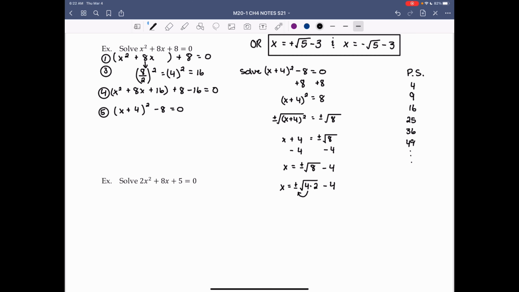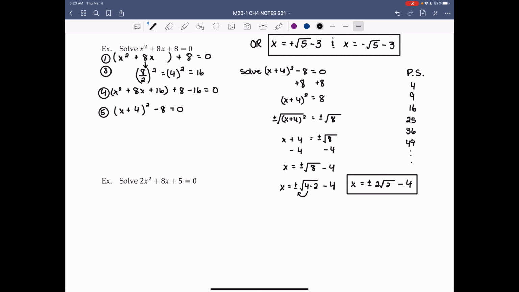The square root of 4 is 2, so I get x equals plus minus 2 square root of 2. This 4 came out and became a 2 because the square root of 4 is 2. And then this 2 is still left under the square root. And then we have minus 4 after. So this is our fully simplified exact solutions.